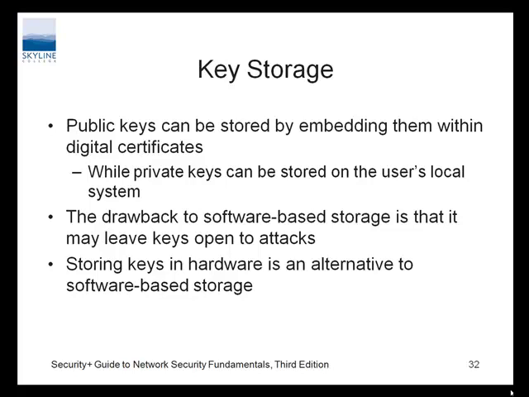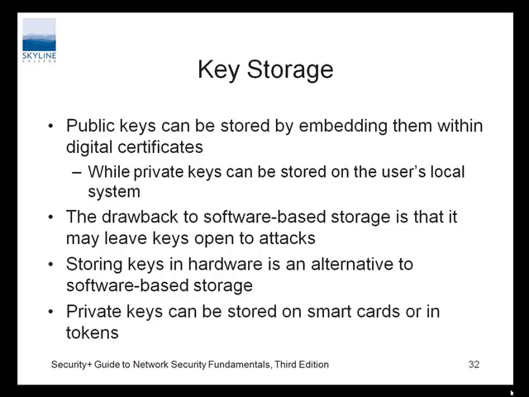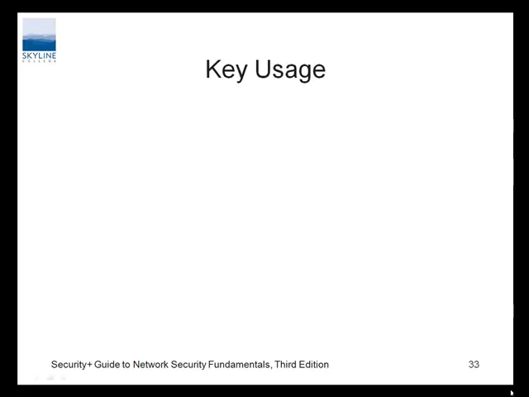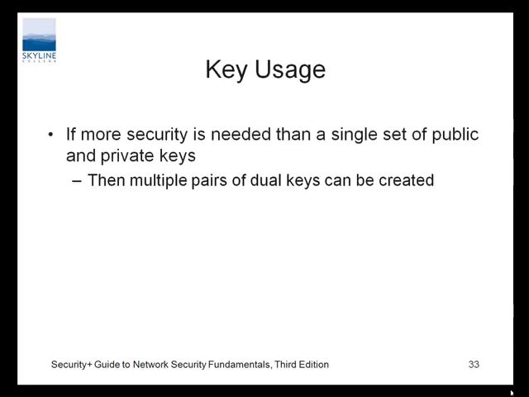You can share those things. You can have recovery agents for it. It can be stored on smart cards or in tokens. There are lots of different places to put these things. The smart cards and tokens are what have the certificates on them.